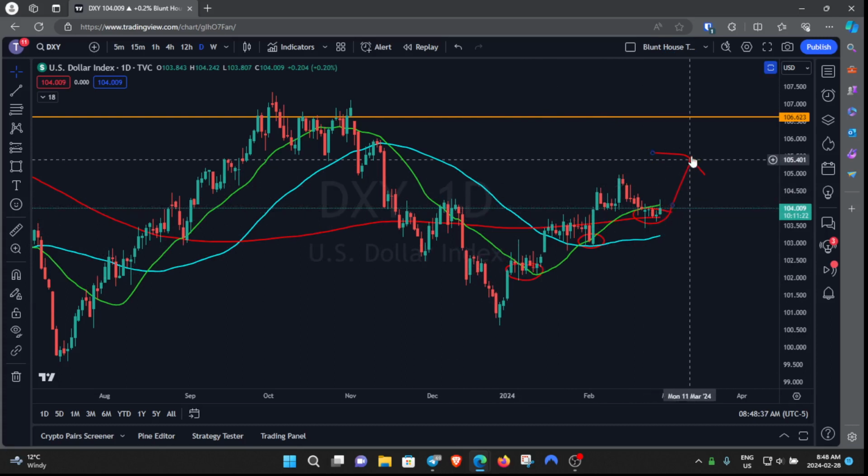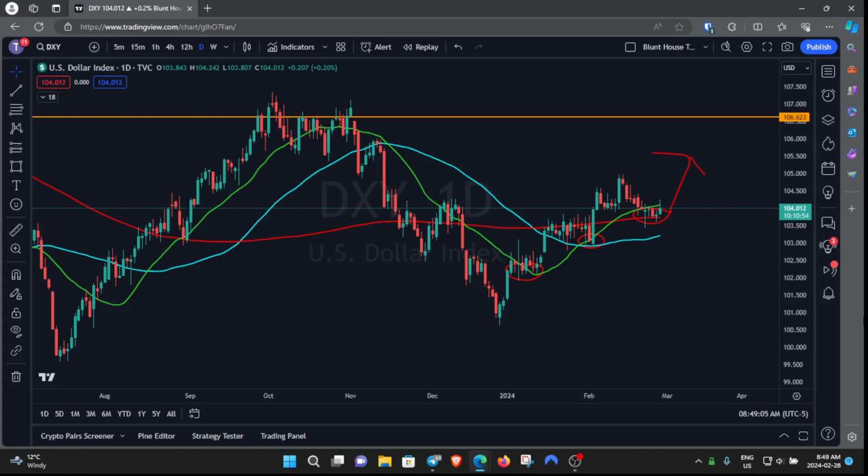Now, here's the one thing I want you to understand, and this is why understanding price on the chart is important. This is the language of the market. It's a real-time representation of what money is doing and not what people are saying. The narrative on the US dollar is the dollar's dead, the dollar is garbage, it's not worth the paper it's printed on, and Bitcoin is the future. Sell all your US dollars.